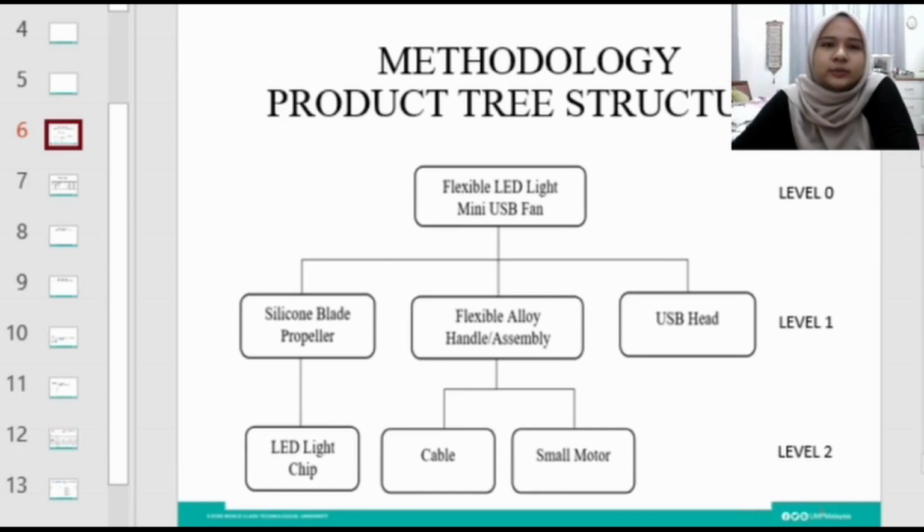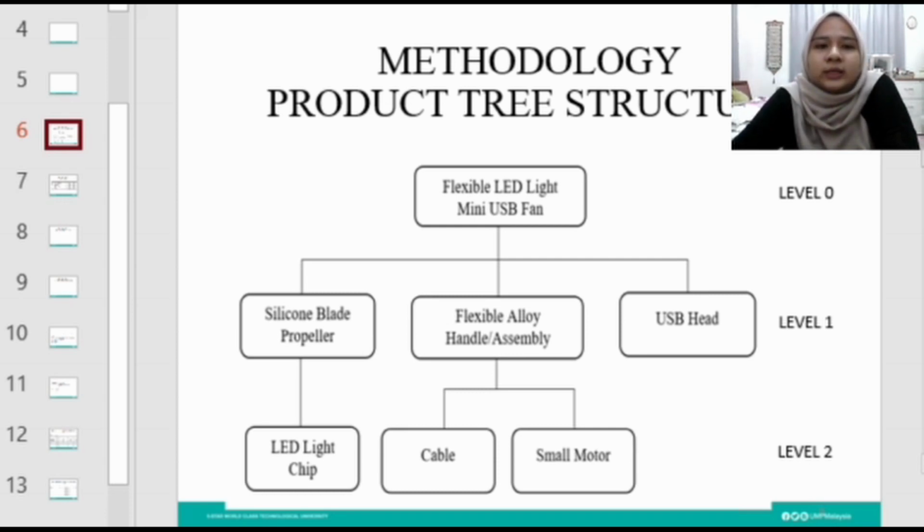Next is the methodology of the product tree structure. The flexible LED light mini USB fan product tree structure provides a hierarchy classification of the items which form a product. The main product is the flexible LED light mini USB fan, and under that we have three separate parts: silicone blade propeller, flexible alloy handle assembly, and USB head.